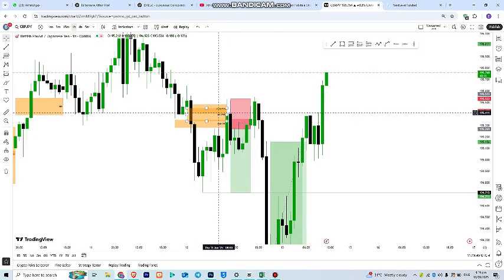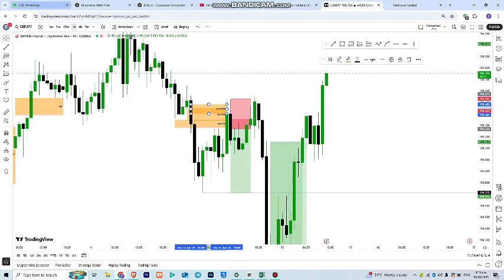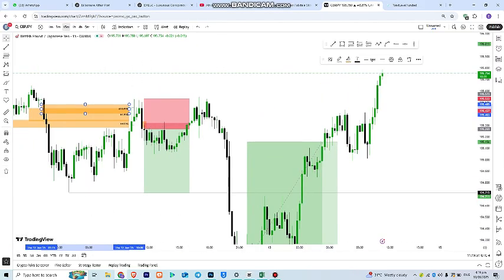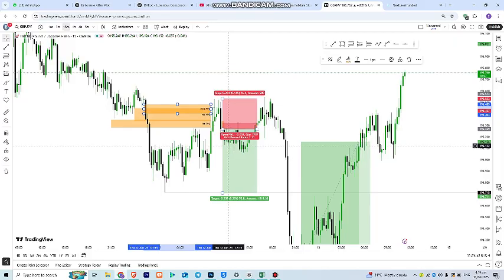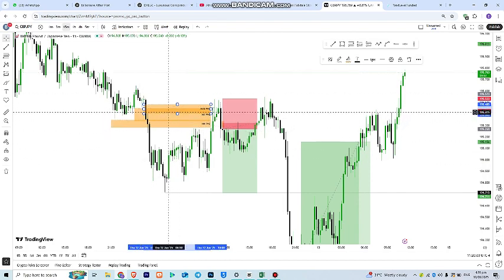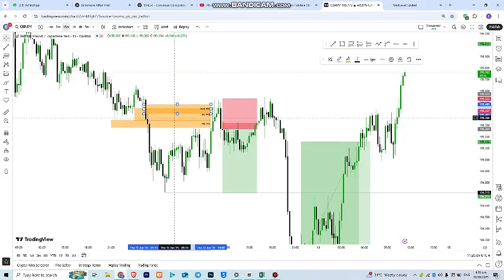I also went down to the 15-minute time frame, and there is also another fair value gap there. All of them are in one position, occupying a specific area, all aligned together.